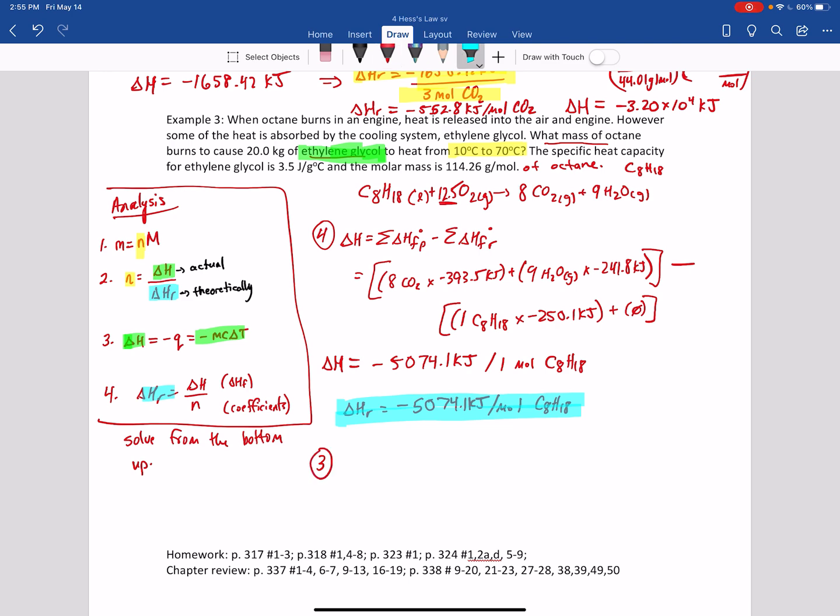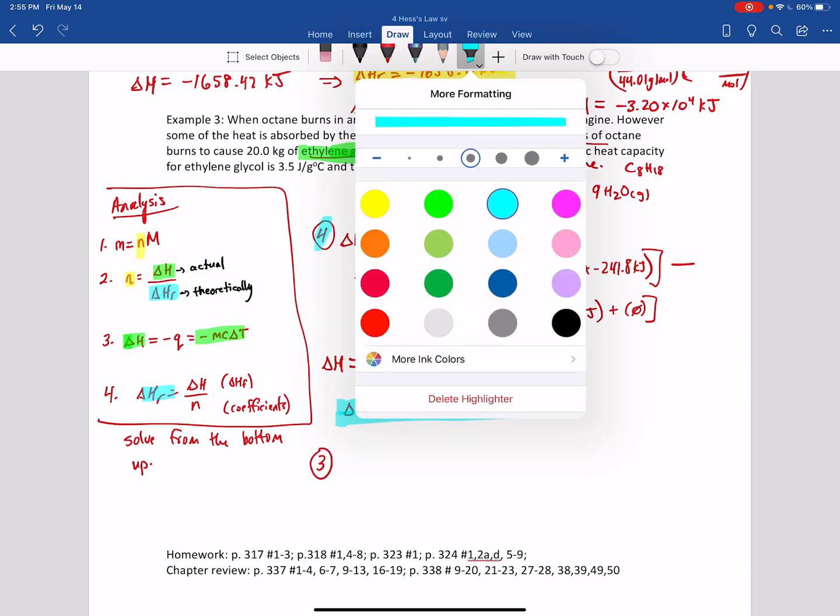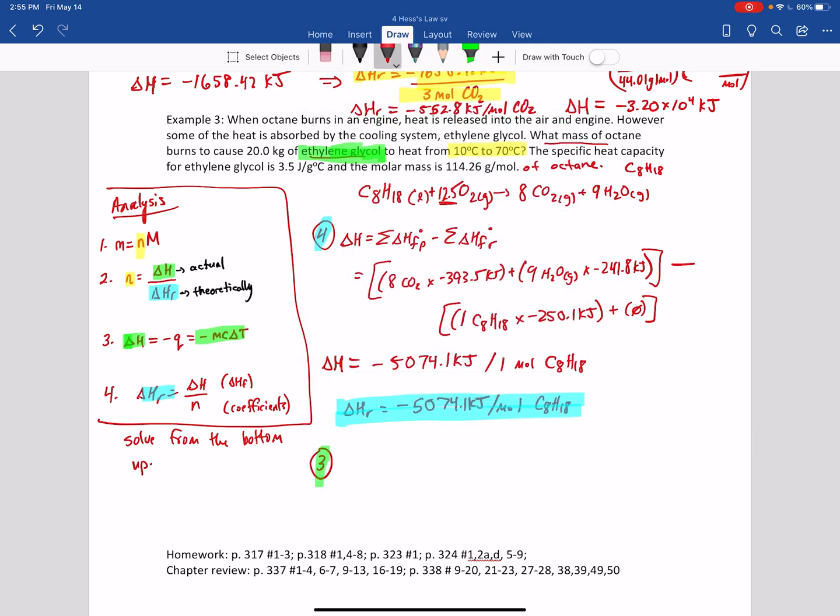Now for number 3, and I'll just kind of color code that there. Number 3, we're going to go into the green ones. So delta H is equal to negative Q equals negative m c delta T. Just kind of put that up here. All right, now the surroundings are not water here.